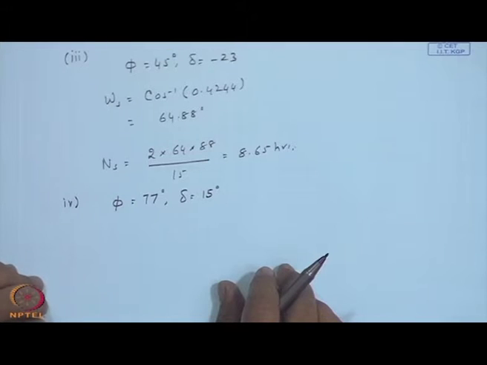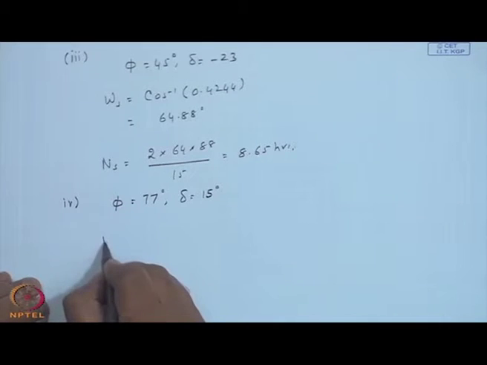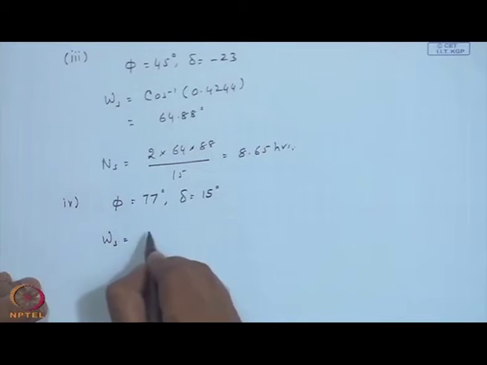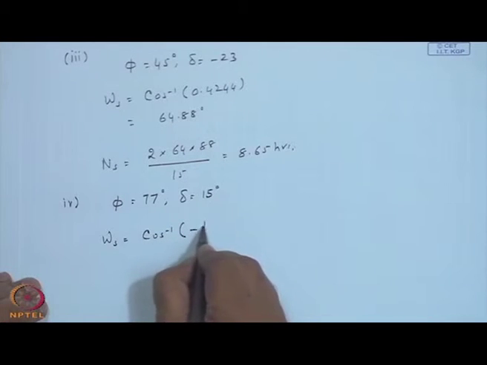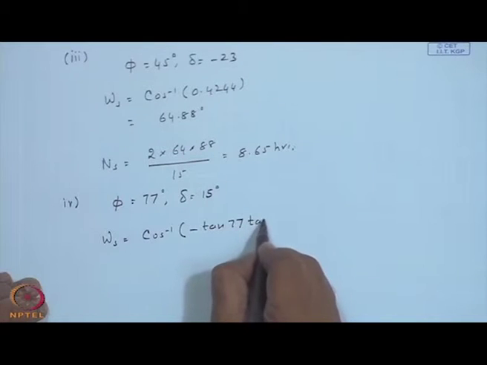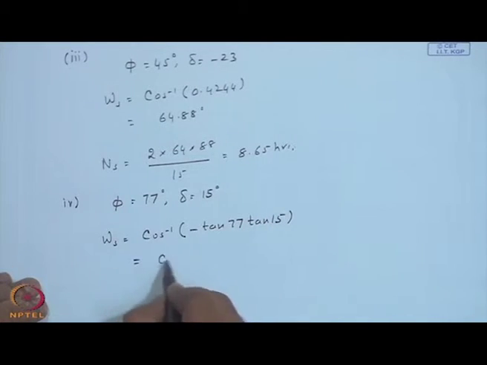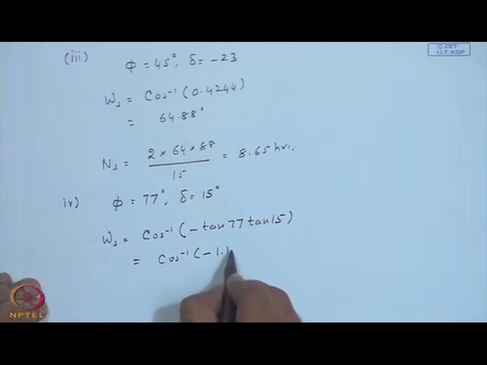Depending upon the declination, you will have a little problem with the trigonometric relation of omega s is cos inverse minus tan phi tan delta. Let us see what the problem is. Omega s is cos inverse minus tan 77 tan 15, which is cos inverse minus 1.15.